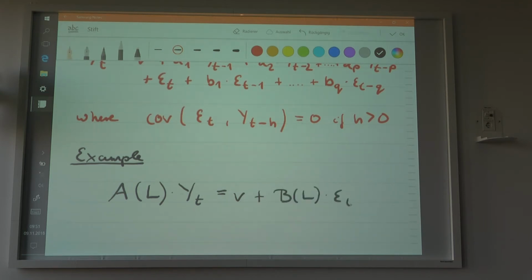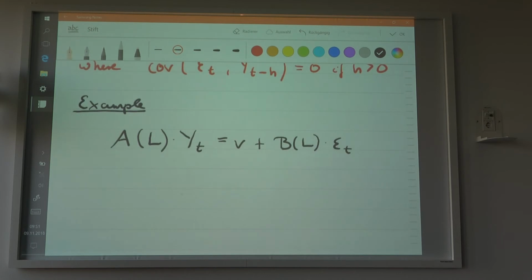Here you have the lag polynomial of the noise, and here the lag polynomial of the autoregressive part. So this is the same representation. If y is an ARMA model of order p and q, then you can use that notation, which is a little bit more compact.